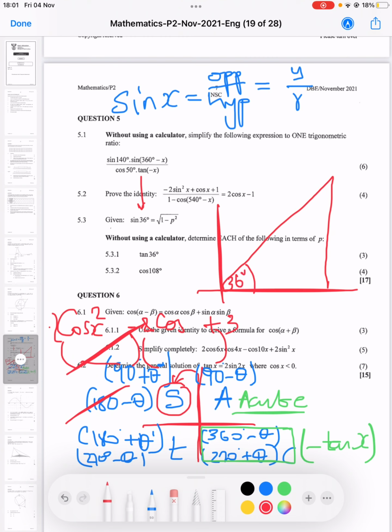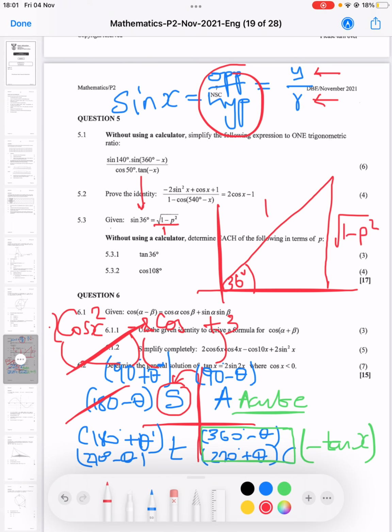From this ratio, you can know that this is actually over 1, so that you have it in a form of a ratio, and you say this is your y, this is your r, meaning your r is 1, and then your opposite is the square root of 1 minus p squared.